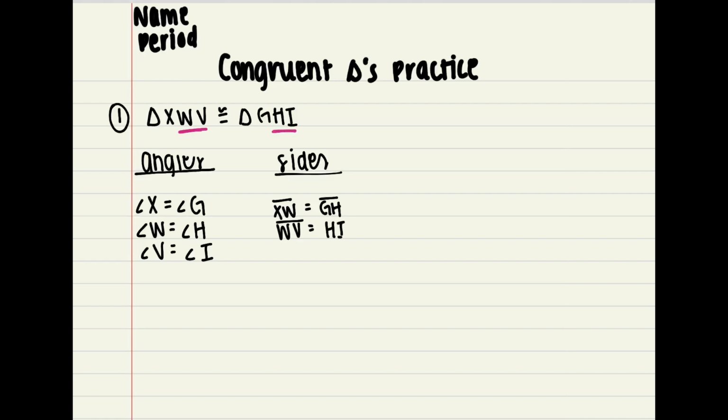And then the last set of sides I'm going to do is the third letter and the first. So I now have VX is equal to IG. So these are your 6 sets of congruent parts. You have the 3 angles and the 3 sides.